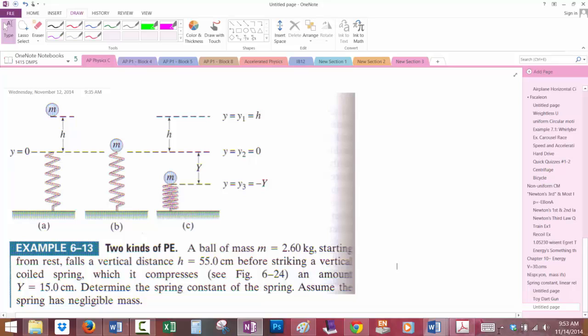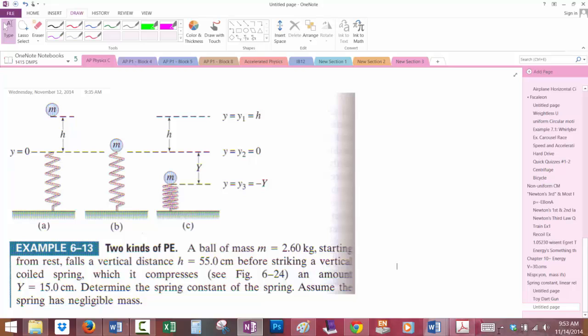We have a ball with a mass starting from rest. The vertical distance is 55 centimeters. Okay. So what kind of potential energy are you talking about? Gravitational potential energy is defined by what expression? mgh.